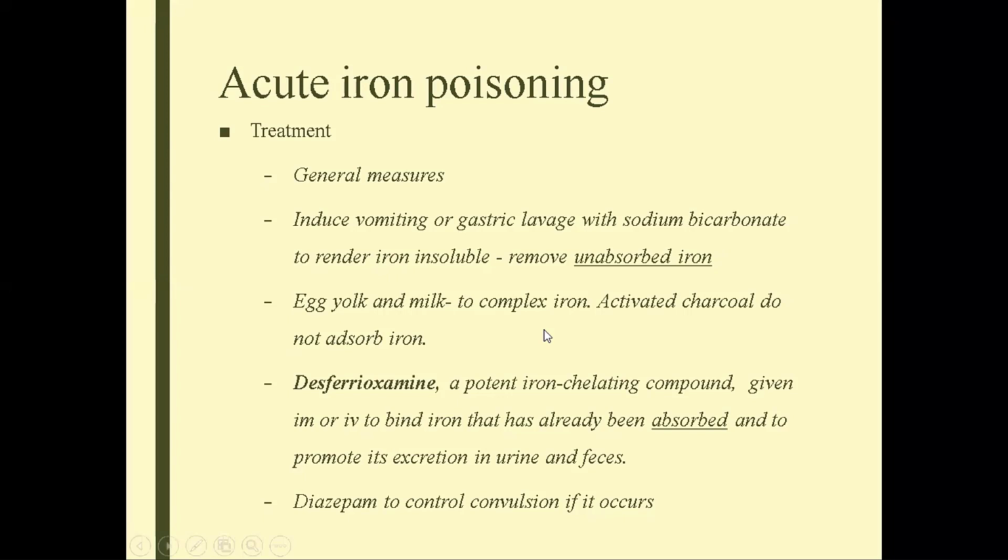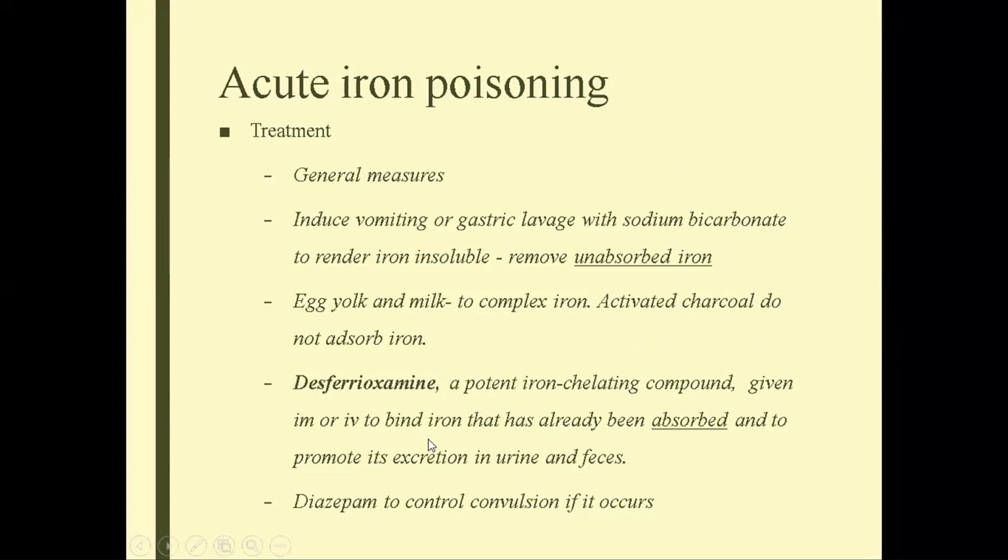Usually activated charcoal is one of the practiced things to prevent the absorption of poisons, all right. But in case of iron poisoning, activated charcoal does not absorb the iron, so it's not of use in this case, right? Okay, now this is for the unabsorbed iron.